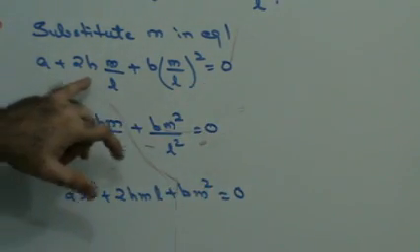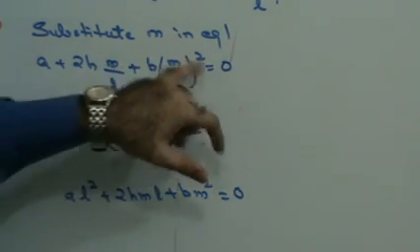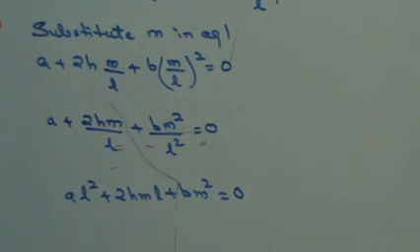You take l square as the common denominator and take l square on the other side. You will get al square plus 2hlm plus bm square is 0. You will get your answer. Fine. Do we get this? Next, let's move on to the next sum, guys.